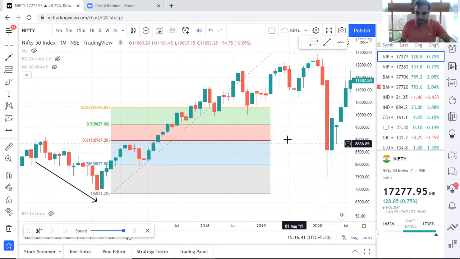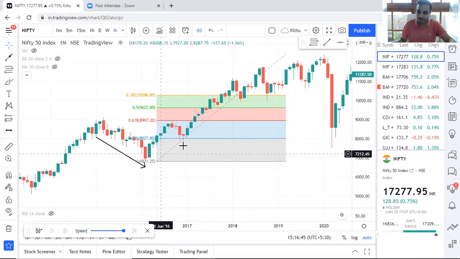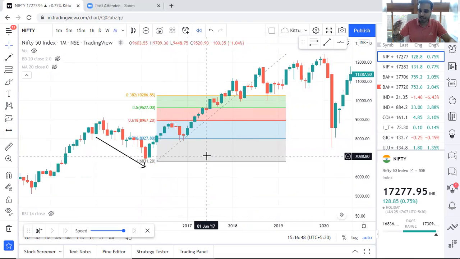Even though it tried to test it, it closed around these 8,000 levels. This is 60% from the previous swing. So whenever there is a big market crash, you can take that low to the next swing, then identify the 30% or 60%. If you get the green indication, we can start accumulating the stocks and buying.